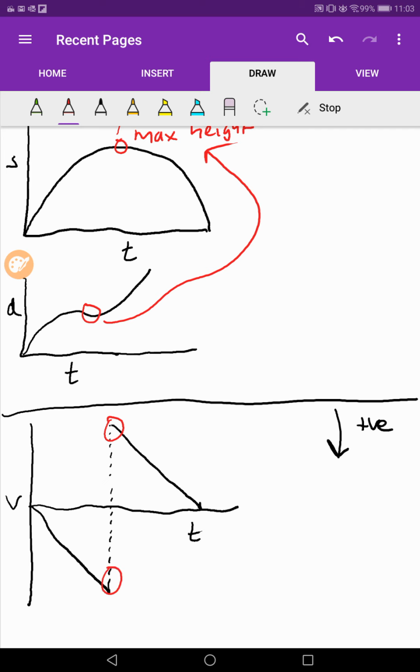So these are the 2 points when it hits the floor. So it's going to have a negative velocity under here when it hits the floor, because down is my negative. So we've got different parts here. I'm going to call this part 1, this part 2, this part 3, and this line part 4. And I'm actually going to extend this out.